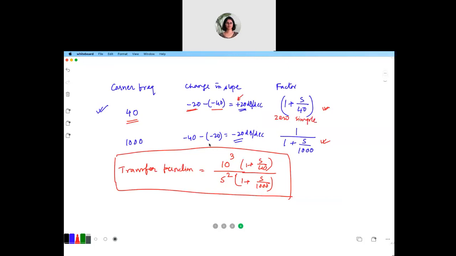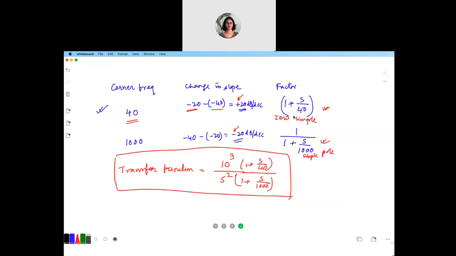For the second factor, I have minus 40 minus of minus 20, so negative 20 dB per decade. This is minus, so I will have a pole here. It is 20 dB per decade, so a simple pole. How do I write the factor?